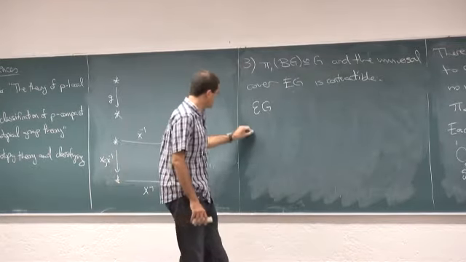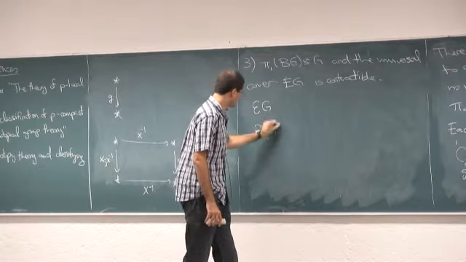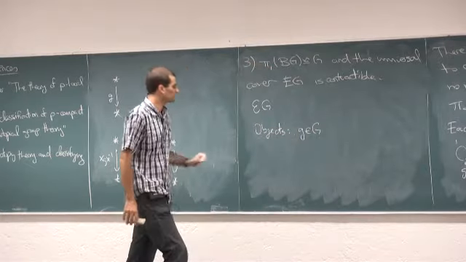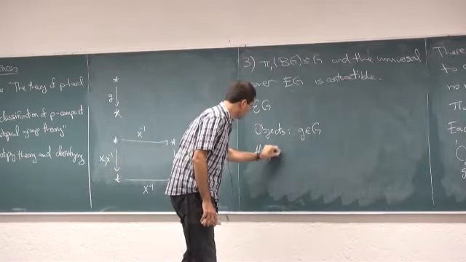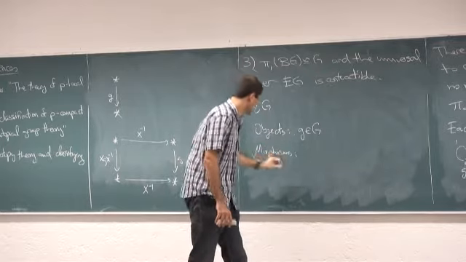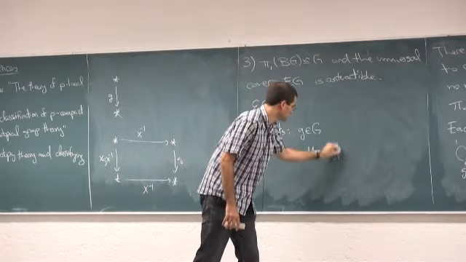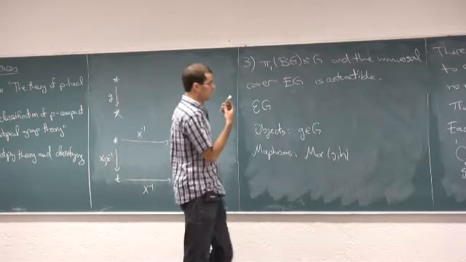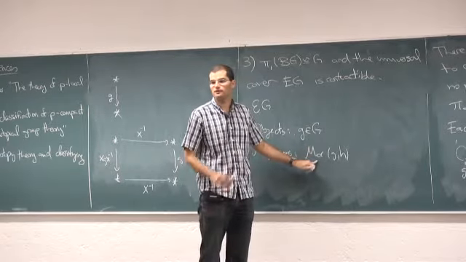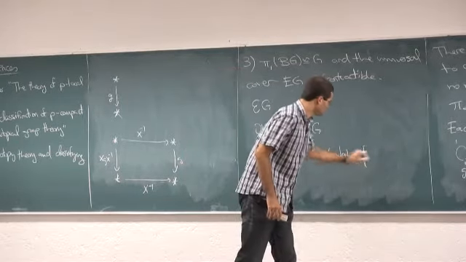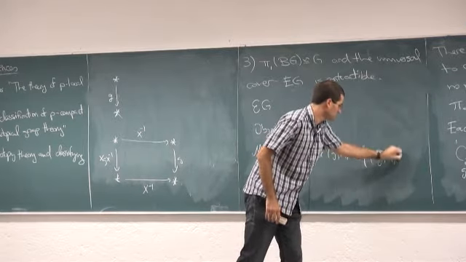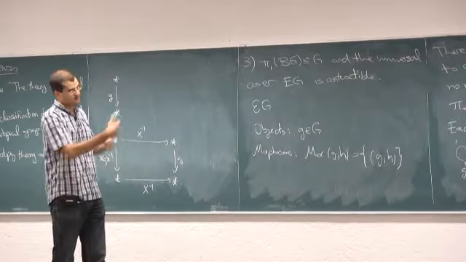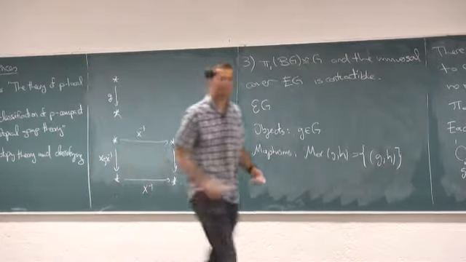The objects are elements of G, and for the morphisms from g to h, I'm going to make this morphism set have only one element, the pair gh. And there is a unique way to compose them.